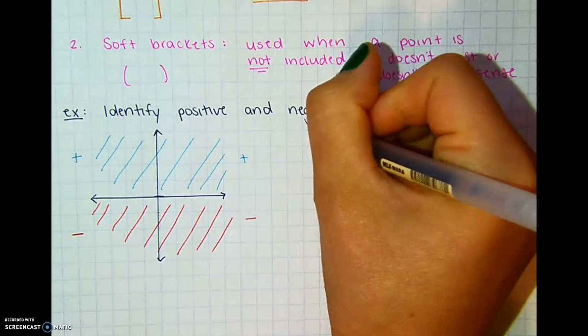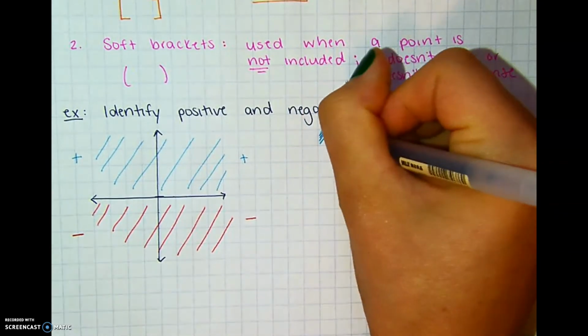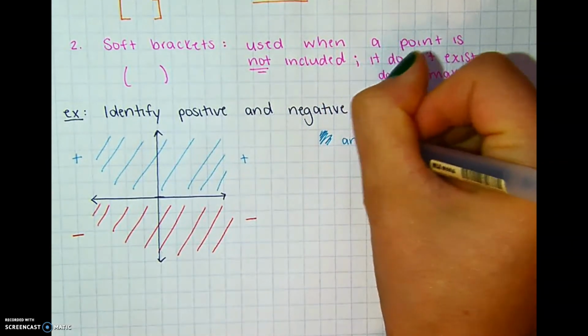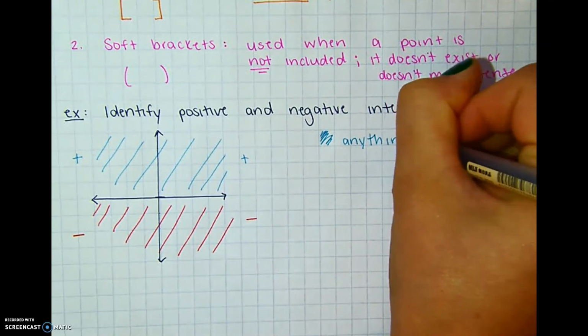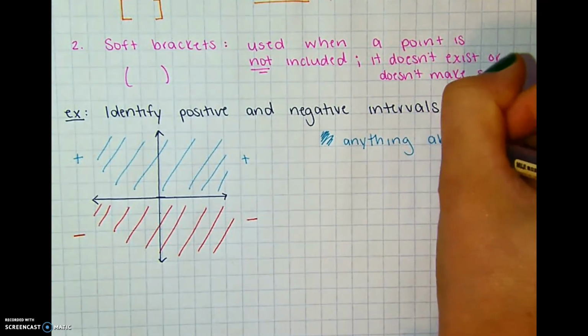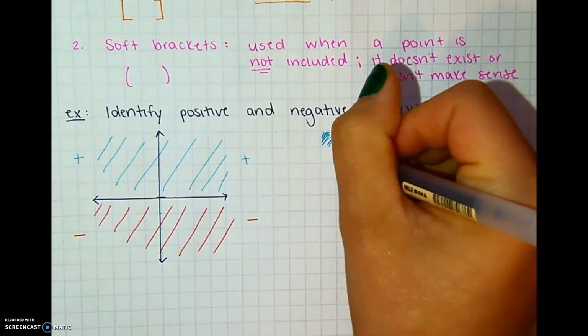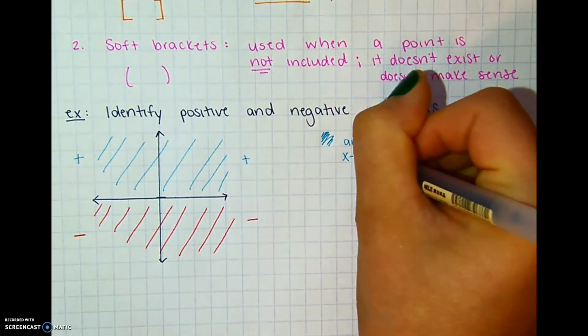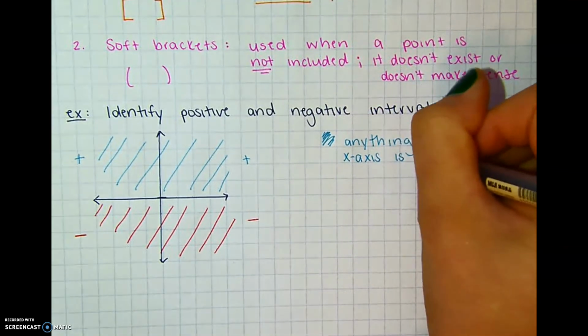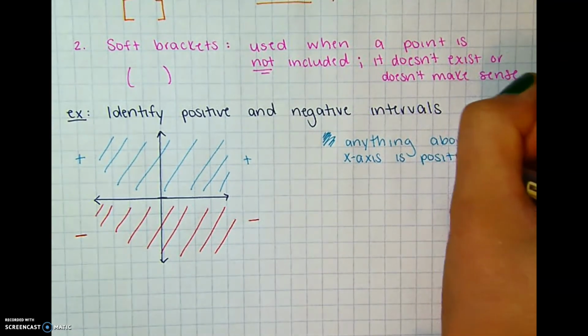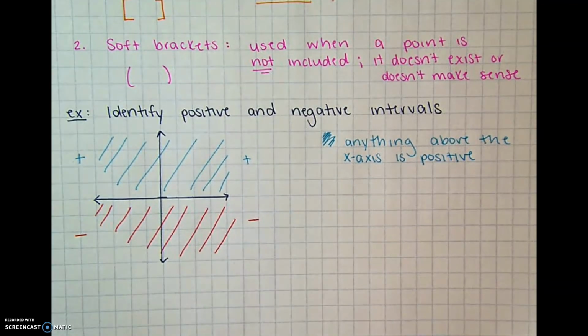So let's take notes on that. So anything above the x-axis is positive, and anything below is negative.